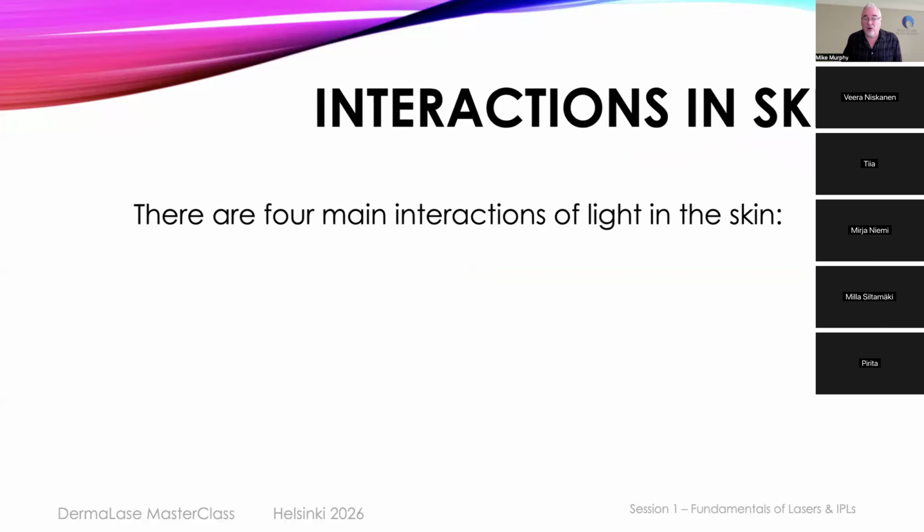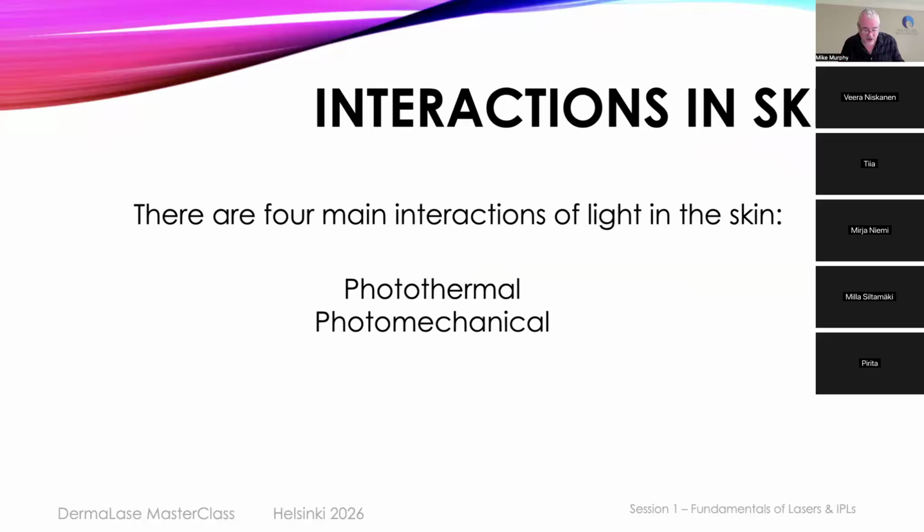So what are the four interactions that can occur in the skin? Well, we've got a photothermal, where the photons generate heat, so that's the thermal part. We've got a photomechanical, where the photons don't have enough time to generate heat, but they create a mechanical physical disruption, usually in tattooing, but also in melanin as well, in fact.